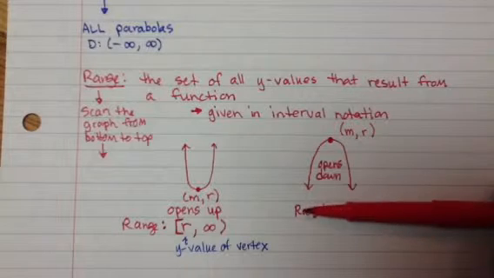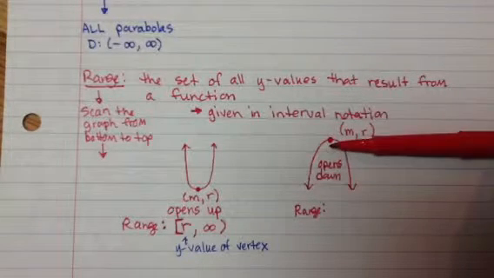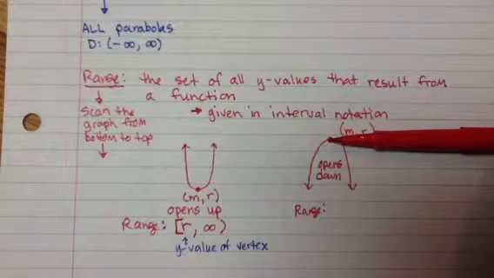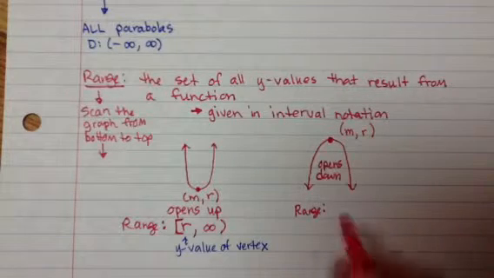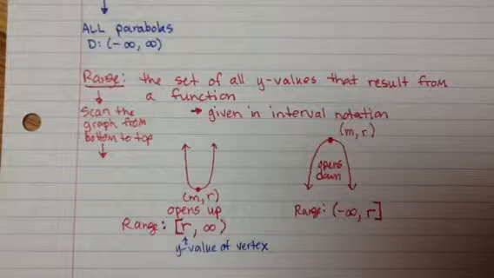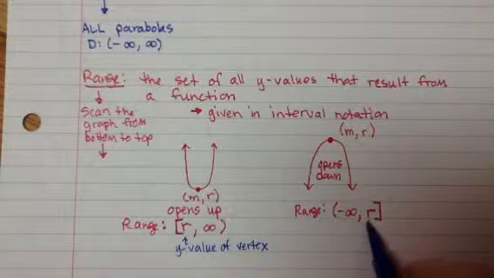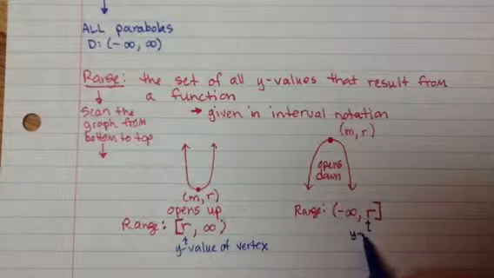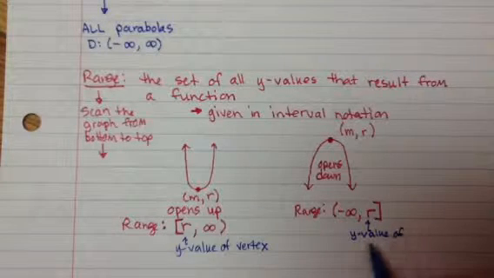So the range will go from negative infinity up to R, and then a closed bracket. Remember that R is the y value of the vertex.